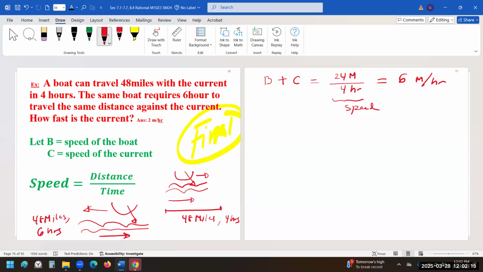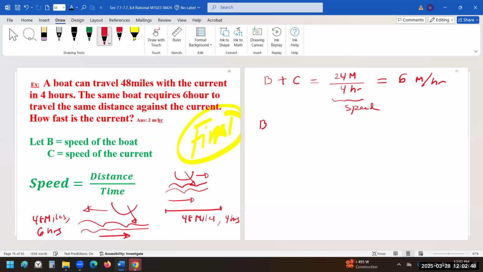Now, since I gave you the scenario for this one, what could be the equation for that return trip? How are your speed and the current speed connected here? You are moving in one direction, the current is moving in the other direction. How can you represent that? Subtraction.